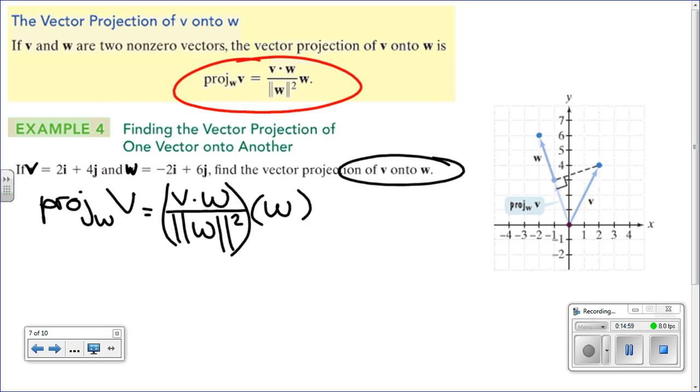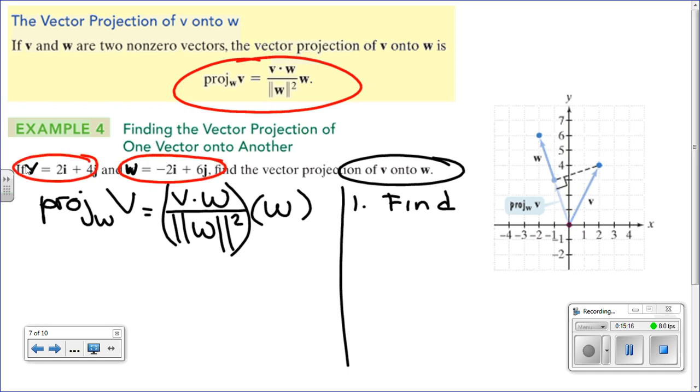Let's do it by steps. First, I'm going to find the dot product. Remember, we have the two vectors here, so we need to multiply the coefficients of i, so 2 times negative 2, and then add the multiplication of the coefficients of j, so 4 and 6.